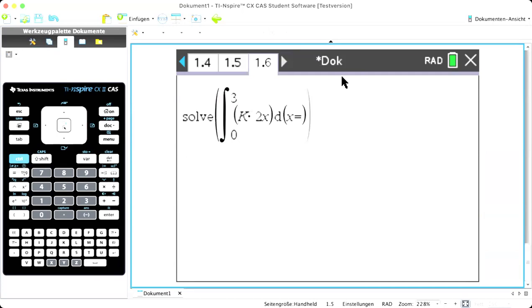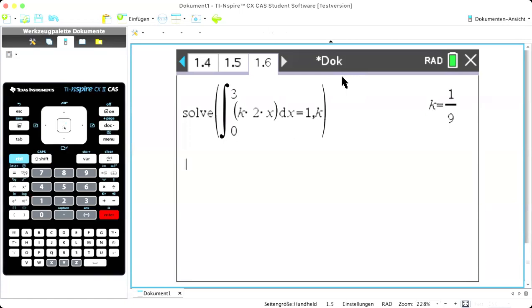This has to equal 1, then comma. What variable do I need to solve it for? Here, the variable at the end is k. So solve it for k, enter, get the result.